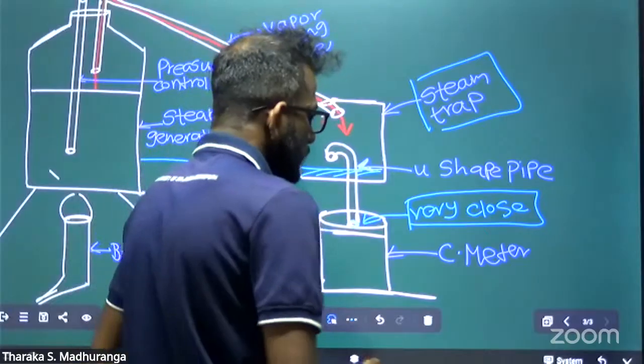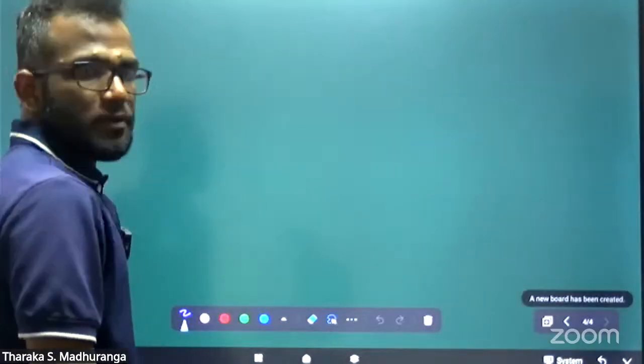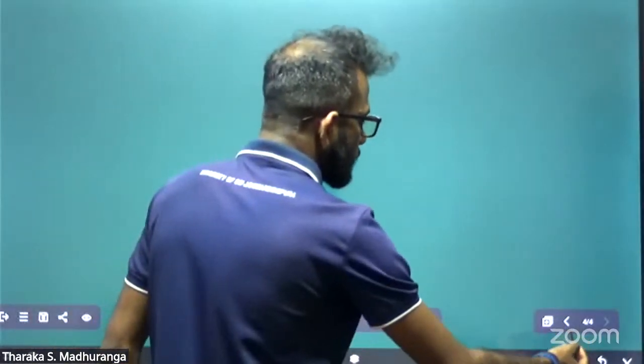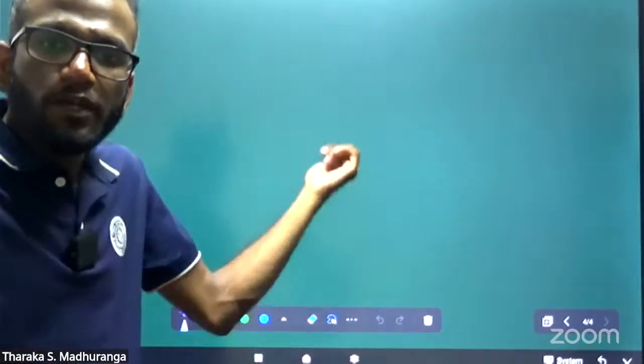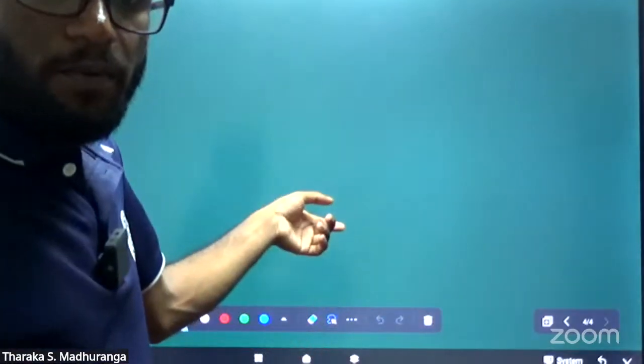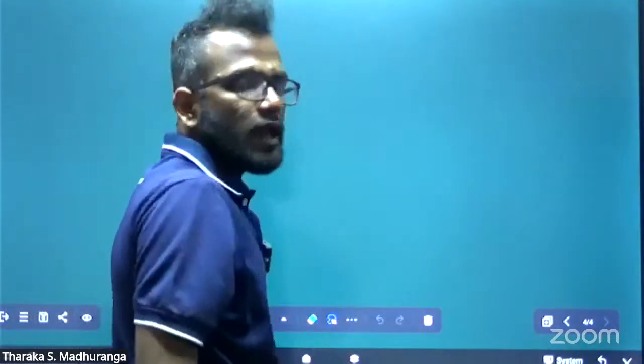Normally, in this calorimeter, same as previously, we need to take some measurements before we provide steam into this calorimeter.